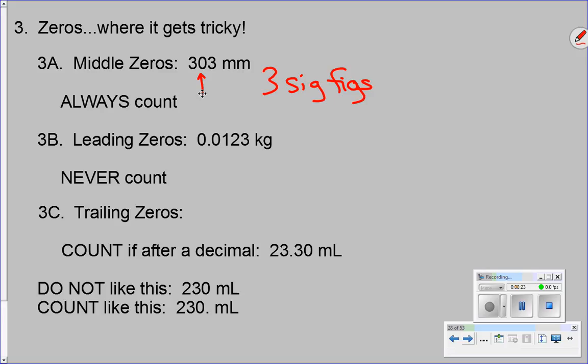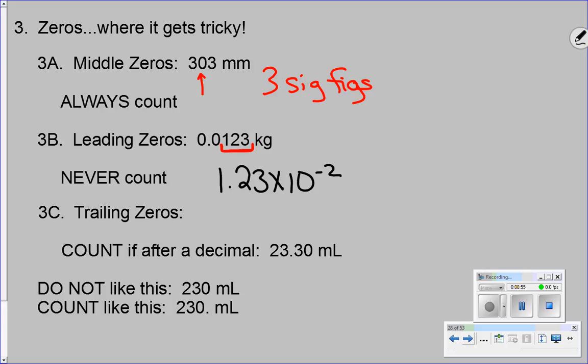Leading zeros can be a little bit confusing. Anything that is to the left of this number right here does not count. The reason for this is really we could rewrite this number into scientific notation. You would never rewrite this number with all those zeros, that would look foolish. Instead, you would turn this into 1.23 times 10 to the negative 2.